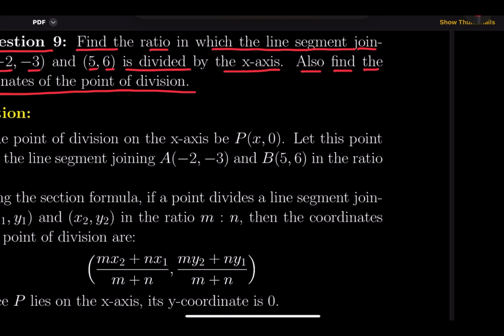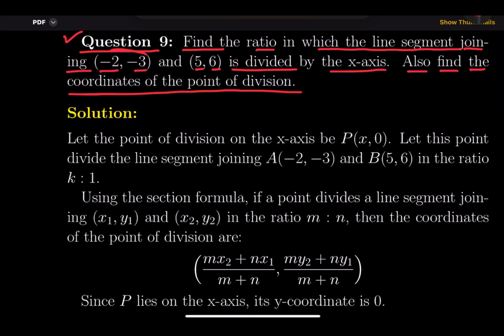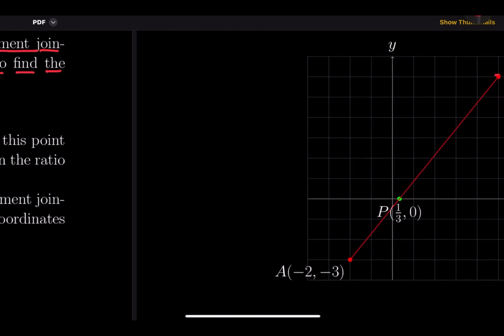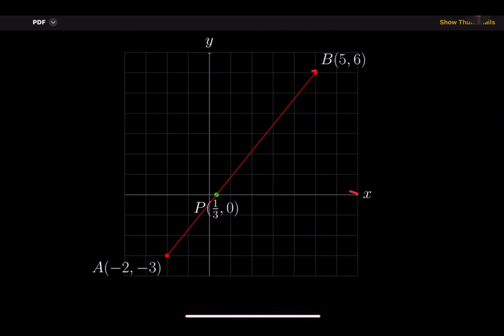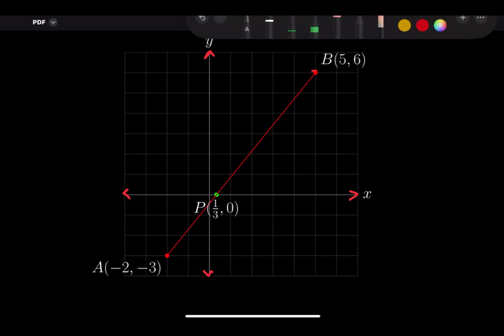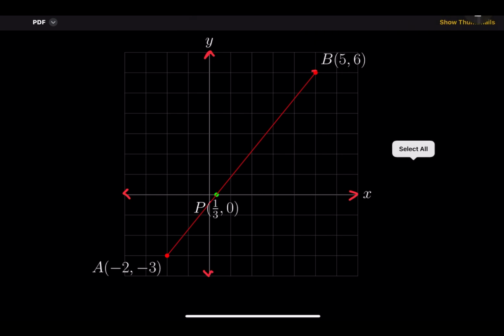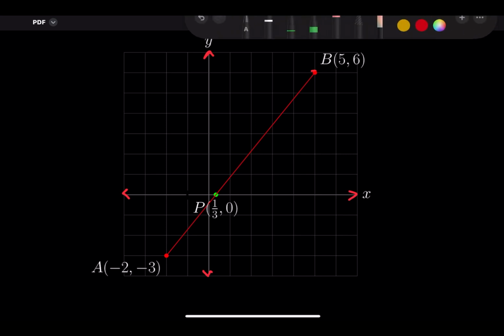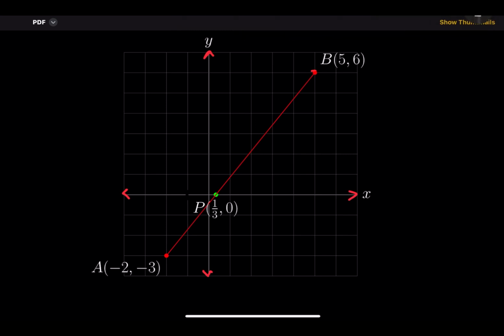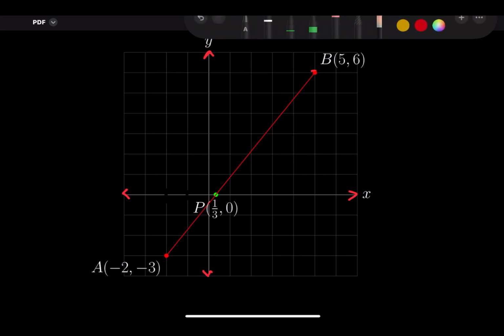The question says there are 2 points. One is (-2, -3) and another is (5, 6). Now let us go to the graph and try drawing (-2, -3). This is the x-axis. Can you see this?